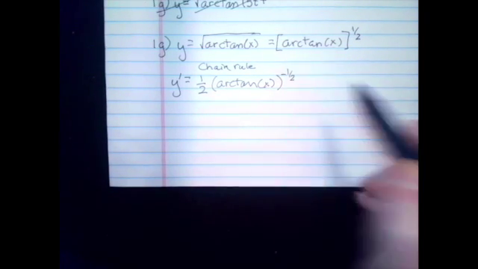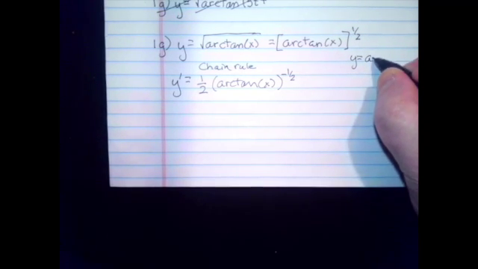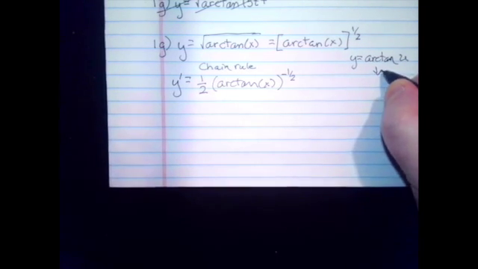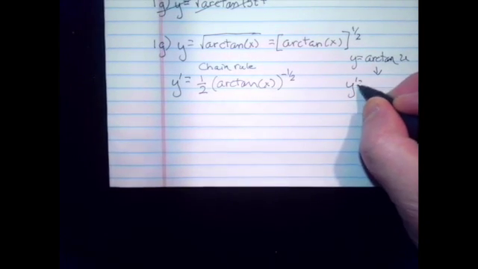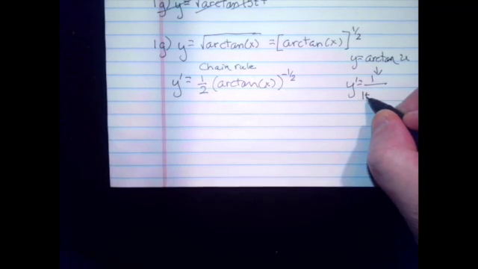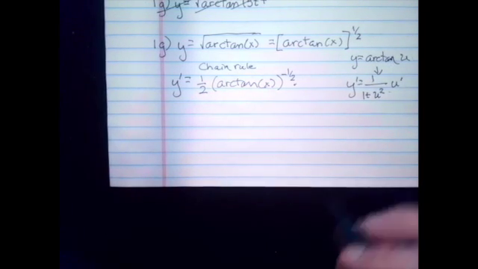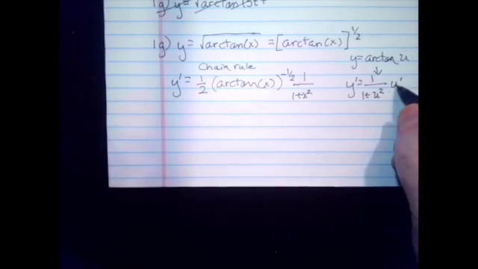Now, we need to remember what the derivative of the arctangent function is. Well, remember that if y equals the arctangent of u, where u is some function, and in this case u is just a simple x, then y prime is going to be 1 over 1 plus u squared times u prime. So this is just the derivative of that function in case we need to use the chain rule. In our case, u is just x. So we'll have 1 over 1 plus x squared, and then u prime is just 1.